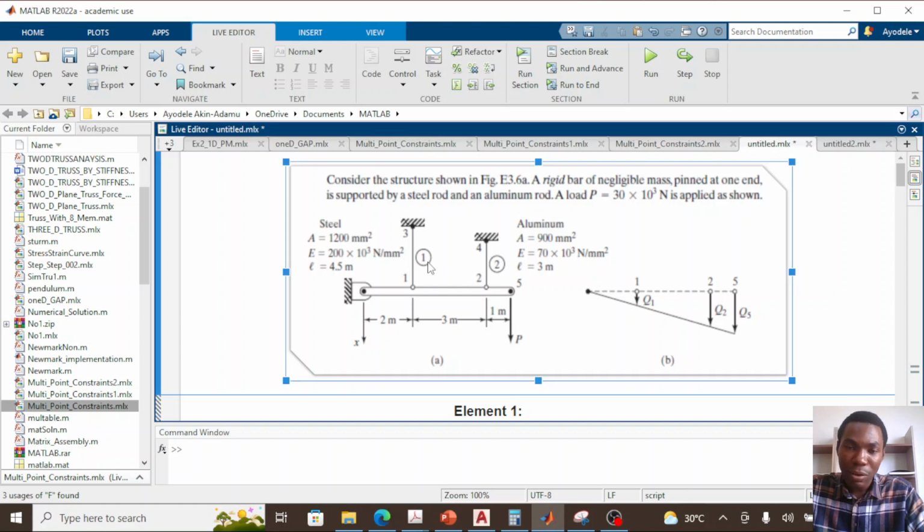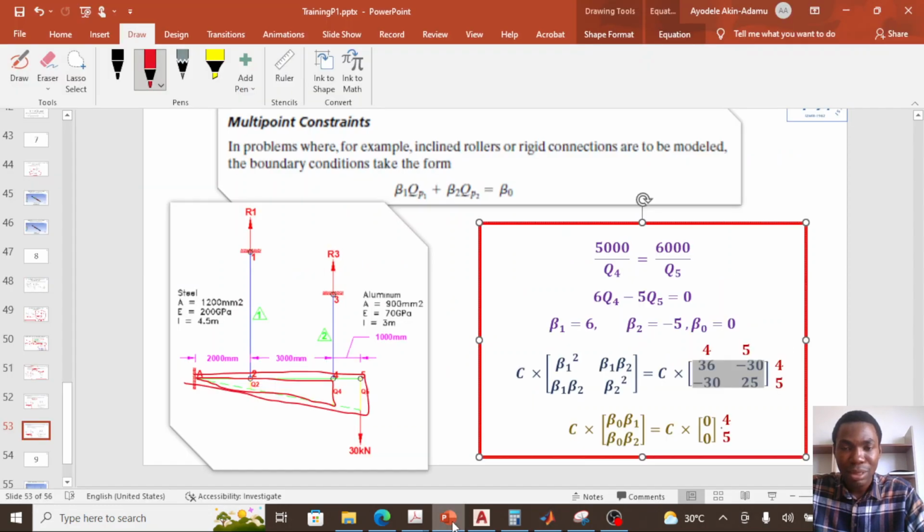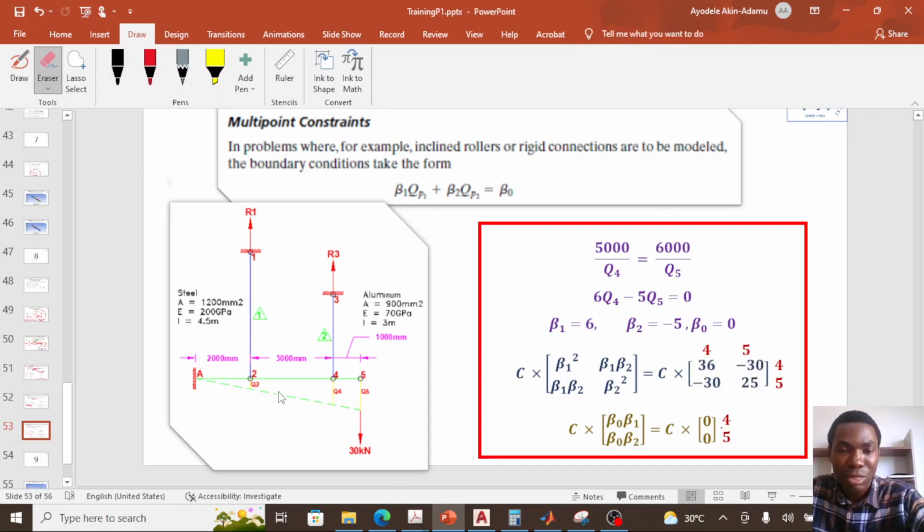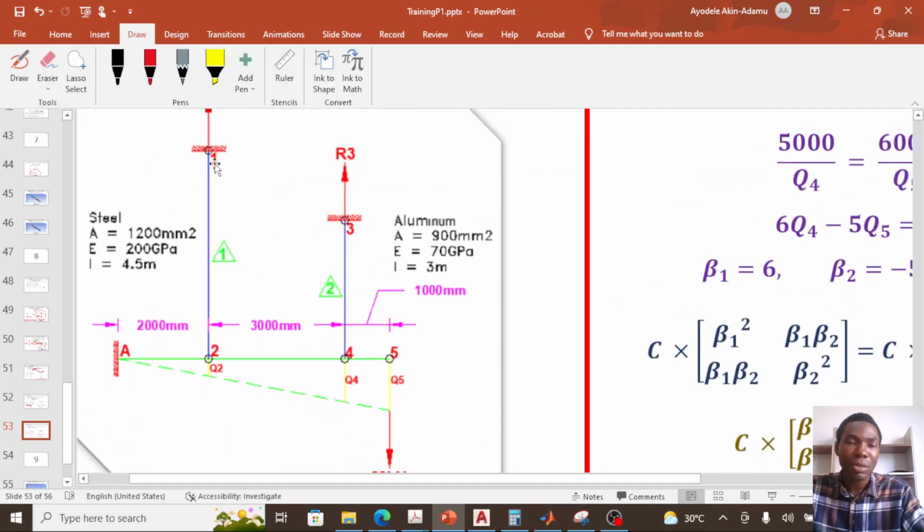However, I'm not using the numbering in the question. I'm using this numbering, so you should note this.